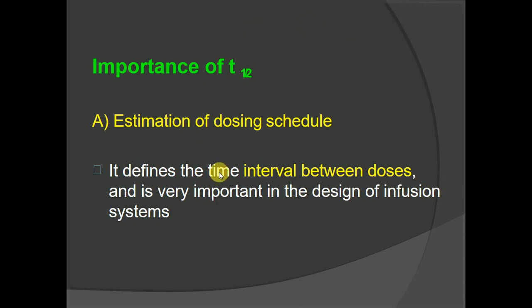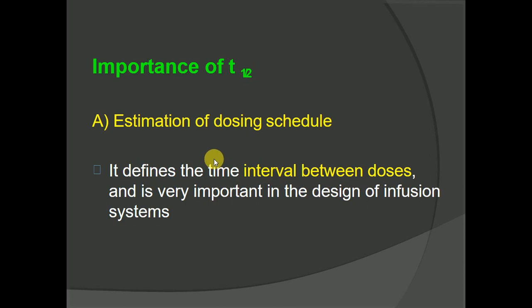If you are using a drug in divided doses TDS, 3 times a day, the interval between these 3 doses becomes 8 hours. It means that you should take each dose after 8 hours.